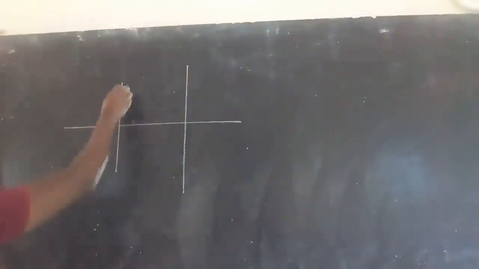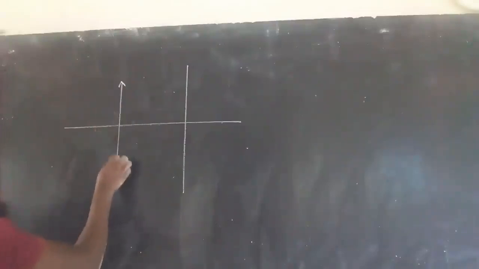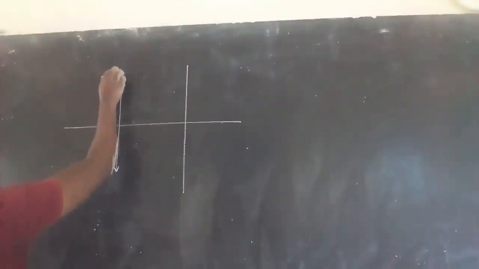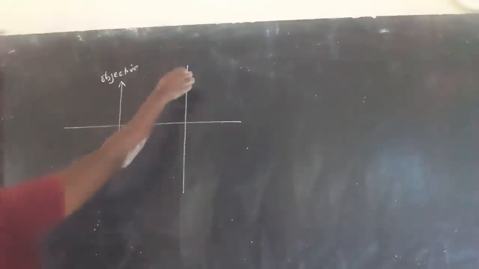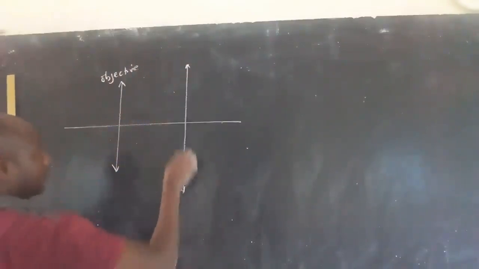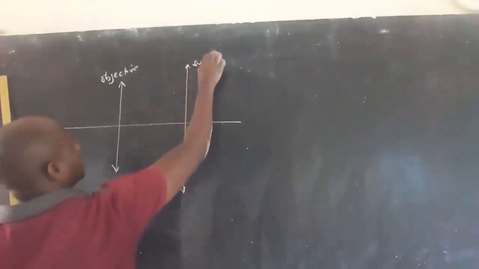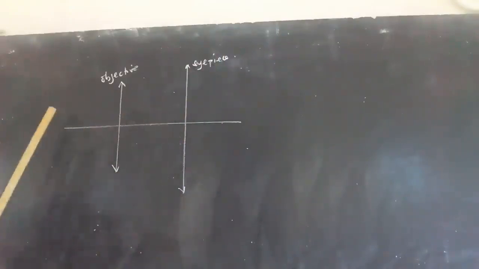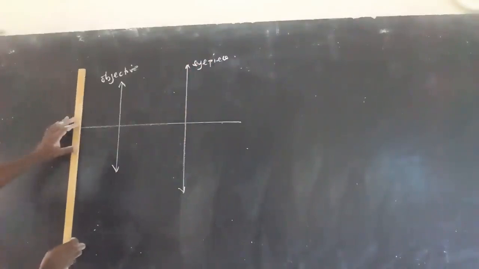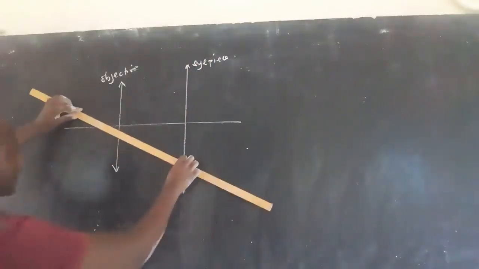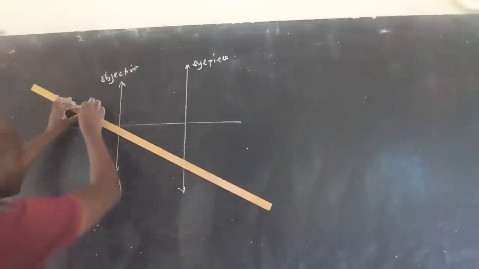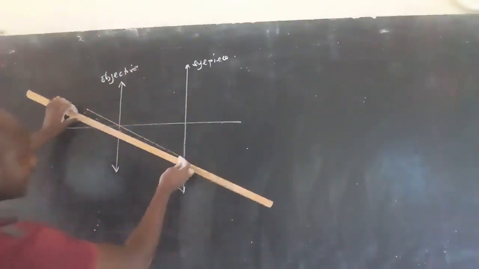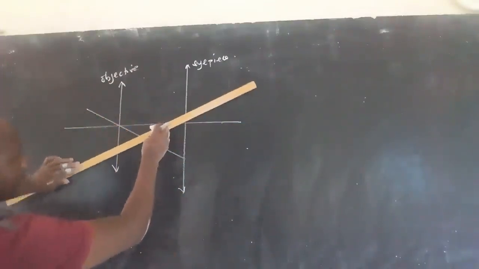This one is of shorter focal length, the objective. This is of longer focal length, the eyepiece. Then an object is placed. So we first draw these lines, called the construction lines.